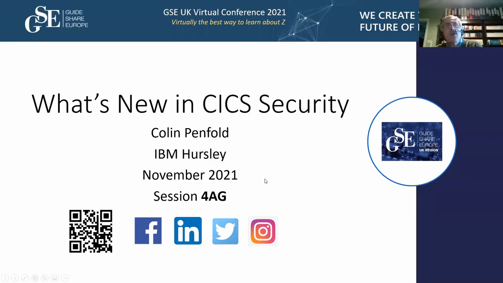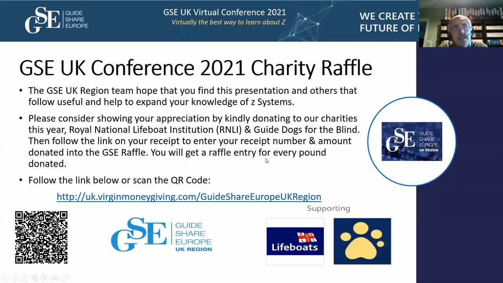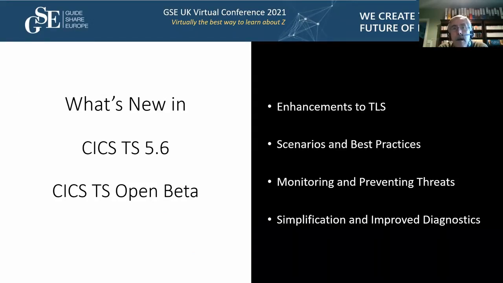So what I'm going to talk about is what's new in security in CICS TS 5.6, the most recent release, and also the CICS Open Beta. Most of the information will be things that we've done in the CICS Open Beta. The presentation is structured in 4 parts. I'm going to talk about, first of all, the enhancements that we've made to TLS.